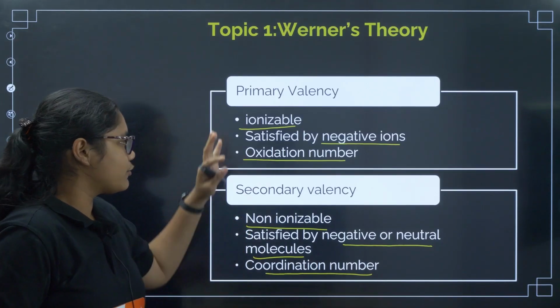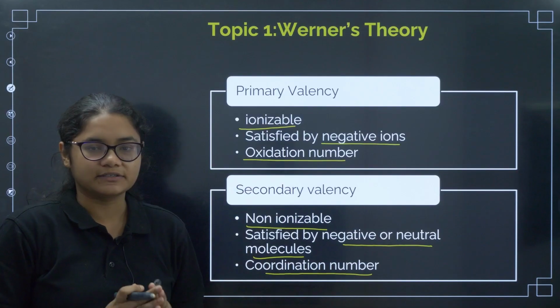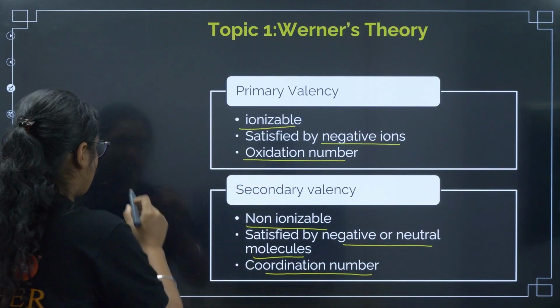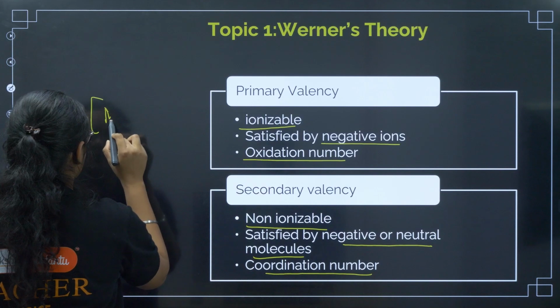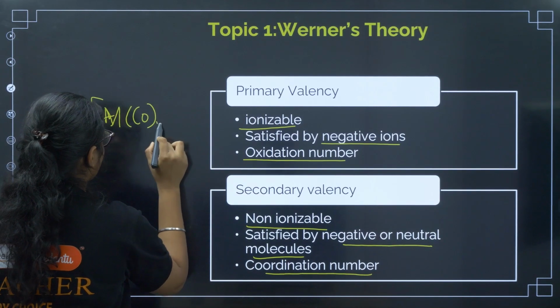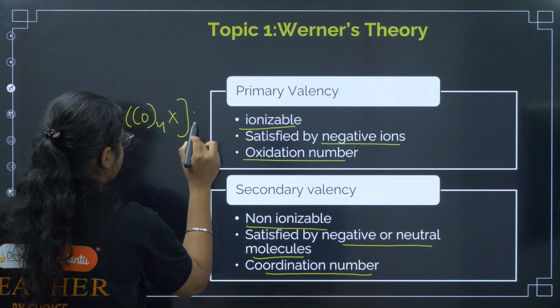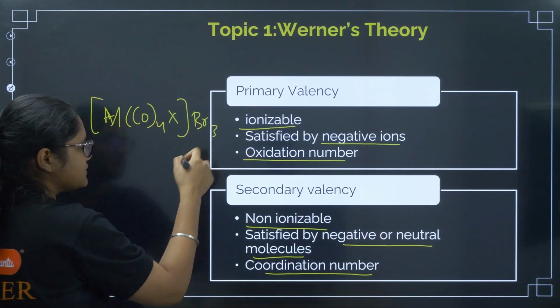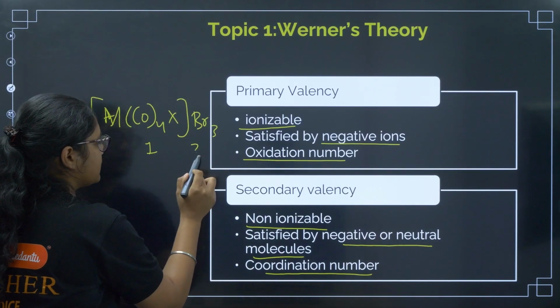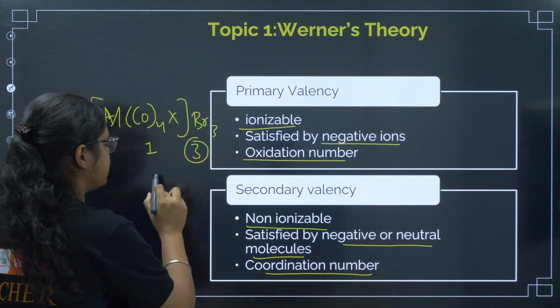Now, how are questions asked? They will not ask you the definition. Suppose a compound is given, for example a complex with any metal, then four CO ligands, then an X ligand, and then Br3. How many ions are produced from here? This complex will be one ion and then the 3 bromines will be other ions, so total ions produced will be 4.